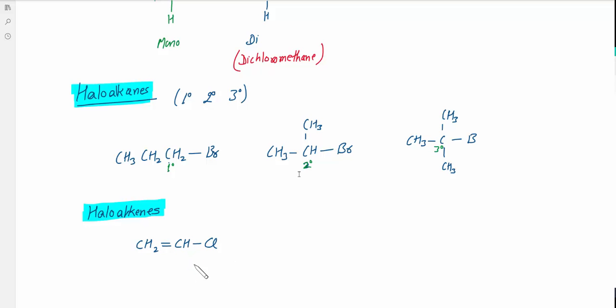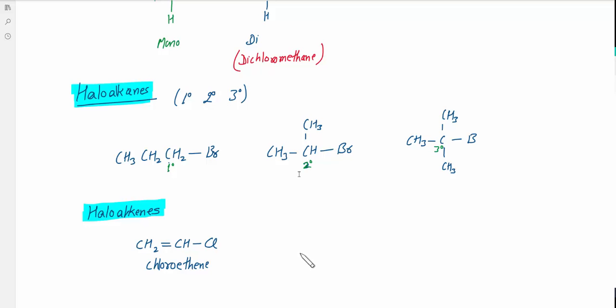Right? So this is actually chloroethene. Chloroethene is its IUPAC name. So now these are halogen derivatives of alkene.